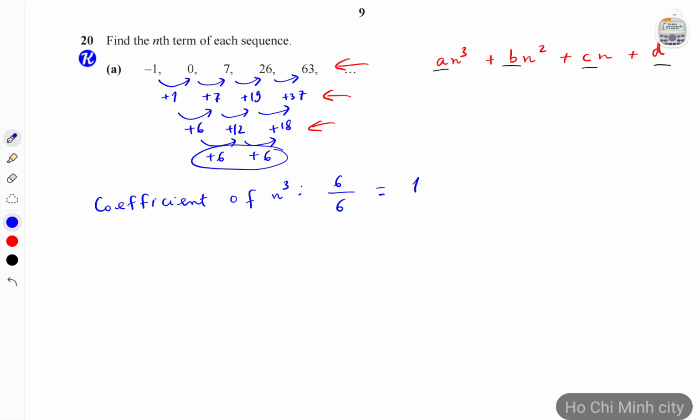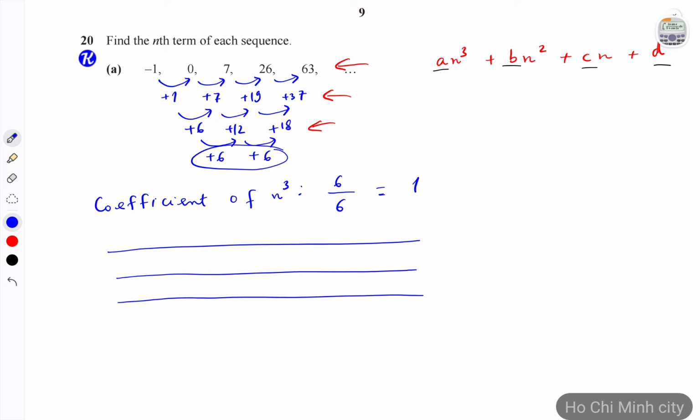So it's time to have a table like this. The first row is un, the next one is n cubed, because we take a and multiply it by n cubed, and a is 1.